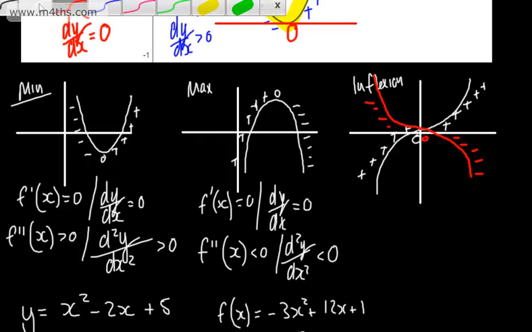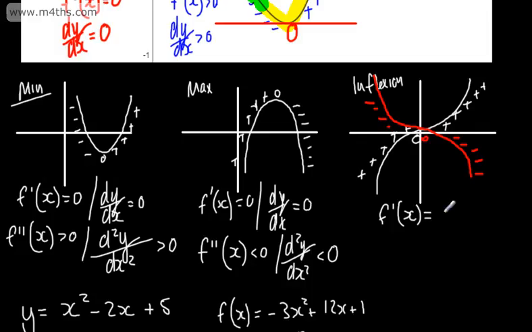With this particular example, as always, when we take the first derivative, f dash of x, it will be 0, or dy dx is equal to 0. This is the slight letdown here: the second derivative test is inconclusive. It doesn't tell us about the behaviour of f of x.